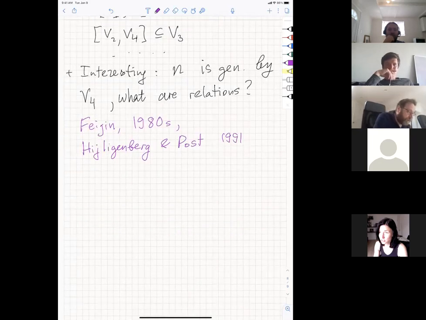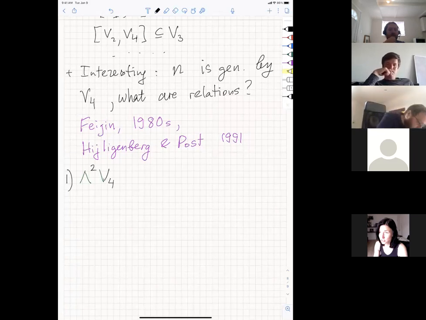So, what kind of relations do we get? Well, first of all, let's look at the commutator of V4 with itself. This means we have a second exterior power of V4. So we commute two cubic Hamiltonians.